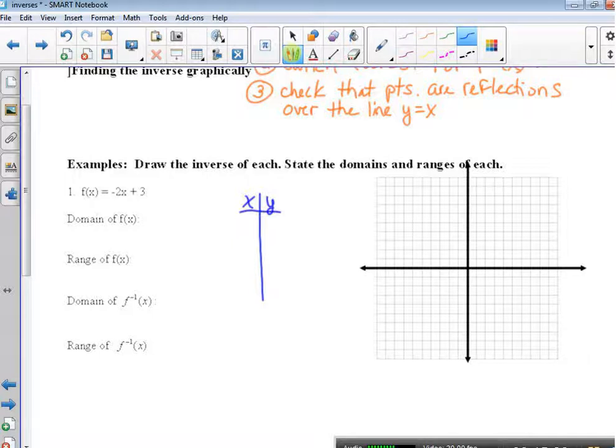If I put in negative 2, I get 4 plus 3 is 7. If I put in negative 1, I get 2 plus 3 is 5. If I put in 0, I get 3. If I put in positive 1, I get positive 1. And if I put in positive 2, I get negative 1. So that's f of x.